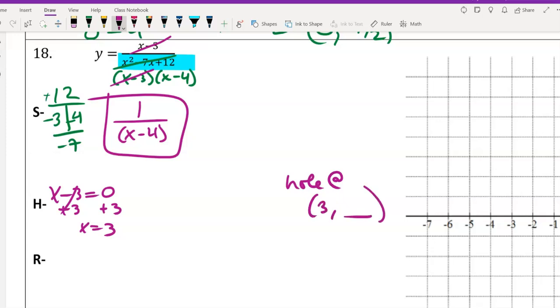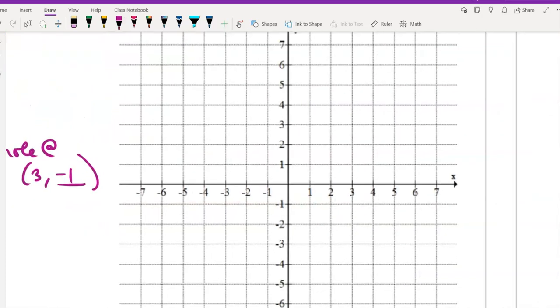So we're going to take 3, plug it in for x in the simplified equation, leaving us with 1 over -1, so -1. Okay, so let's go ahead and plot our hole at 3, -1.